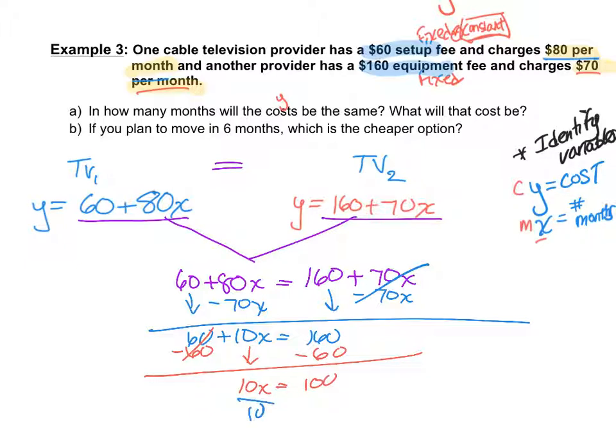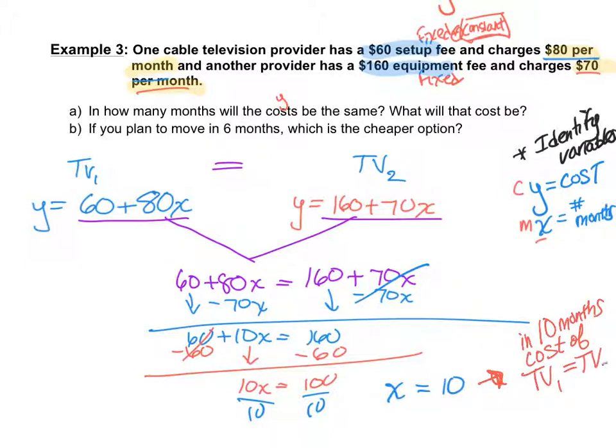I'm going to divide by 10, and I'm going to get that x is equal to 10. Now remember, this x is really the number of months. So what I am stating in x equals 10 is that in 10 months, the cost of TV company 1 is going to equal the cost of TV company 2.